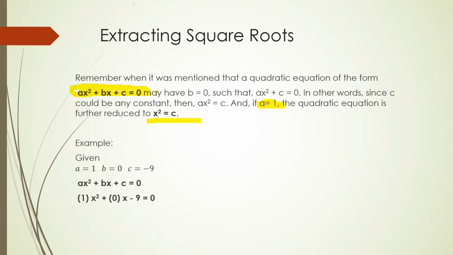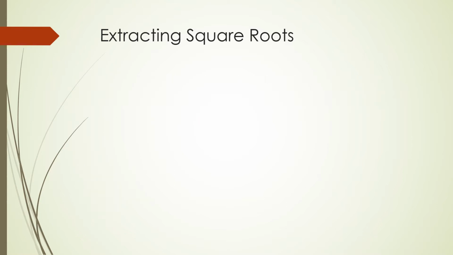And then your B is equal to 0. And your C is equal to negative 9. So, if you're going to simplify, what will happen? So, you have x squared minus 9 is equal to 0. So, nawala na ngayon tong linear term na to. Okay? Next.